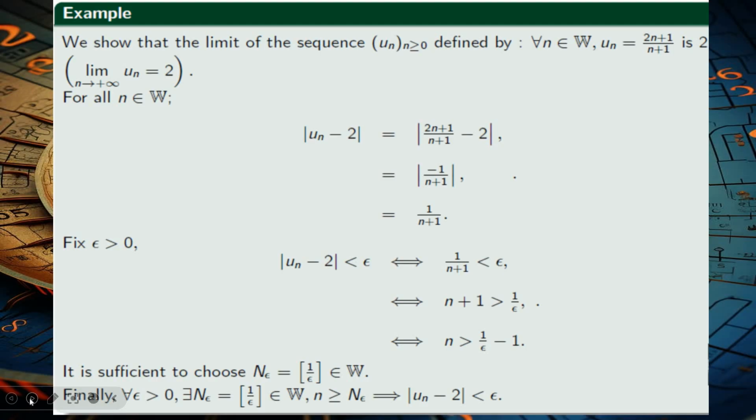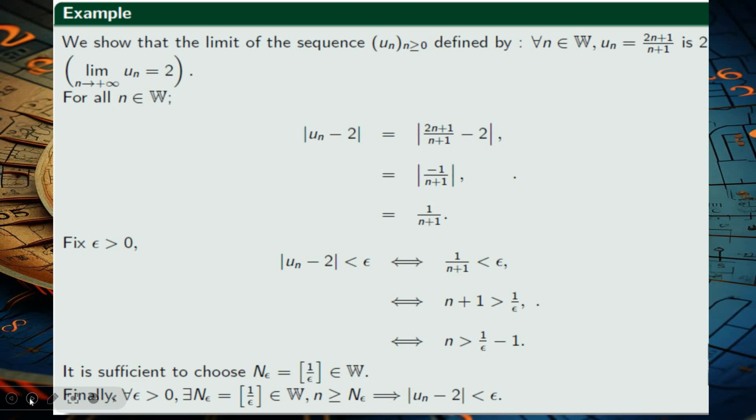We will consider the following example to prove that the sequence un is convergent to 2. So, for all natural numbers n, we have the distance between un and 2 is equal to the reciprocal of n plus 1.